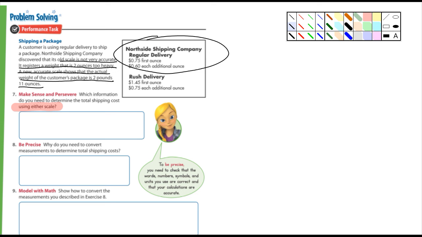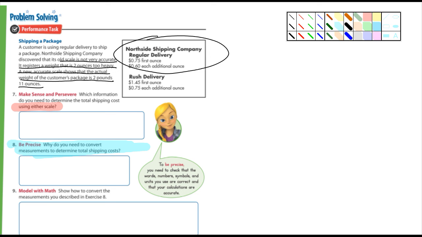Okay, number 8, why do you need to convert measurements to determine the total shipping costs? Well, you need to convert the weight into ounces because the shipping costs are given in ounces. I'll say that again so you can write that down, because there's another Classcraft question. Why do you need to convert the measurements to determine the total shipping costs?